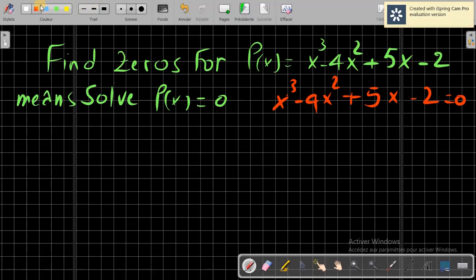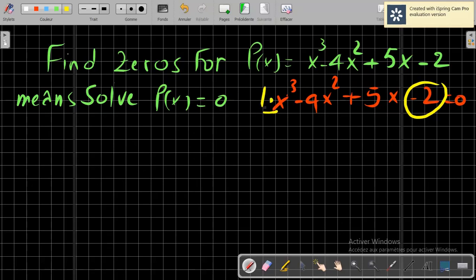What comes to my mind here is to apply the rational roots theorem. We need to find p and q: the factors of negative 2 here, and the factors of 1, which comes from the coefficient of x cubed, which is equal to 1.